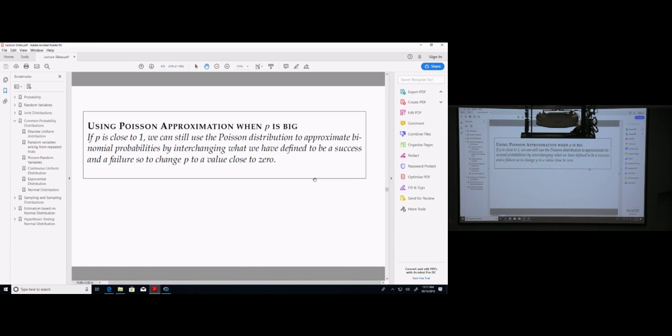Because when p is very close to 1, the probability of failure, which we now deem as success, will be 1 minus p, which will be very small, right? Because p is close to 1. Okay, so the trick would be doing this way.